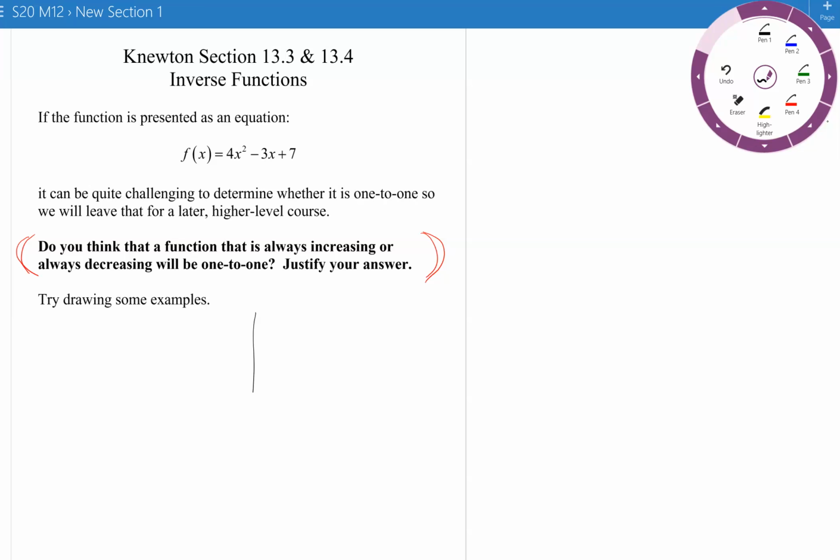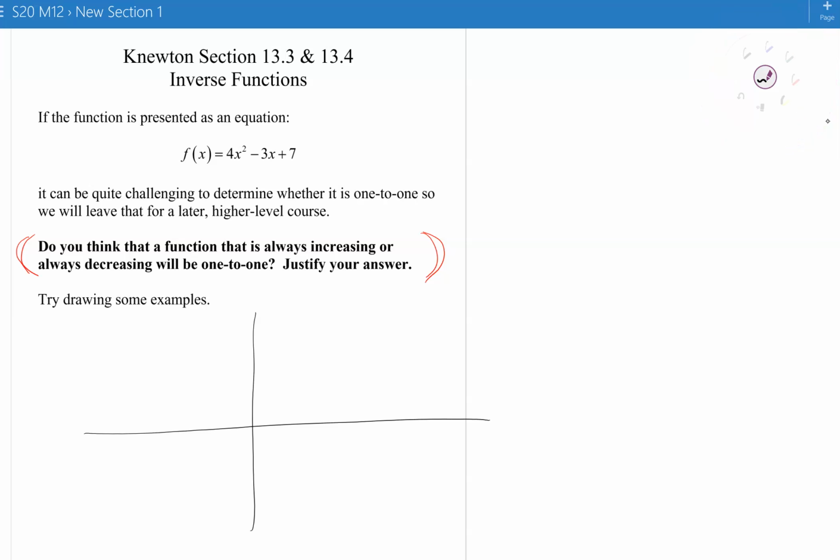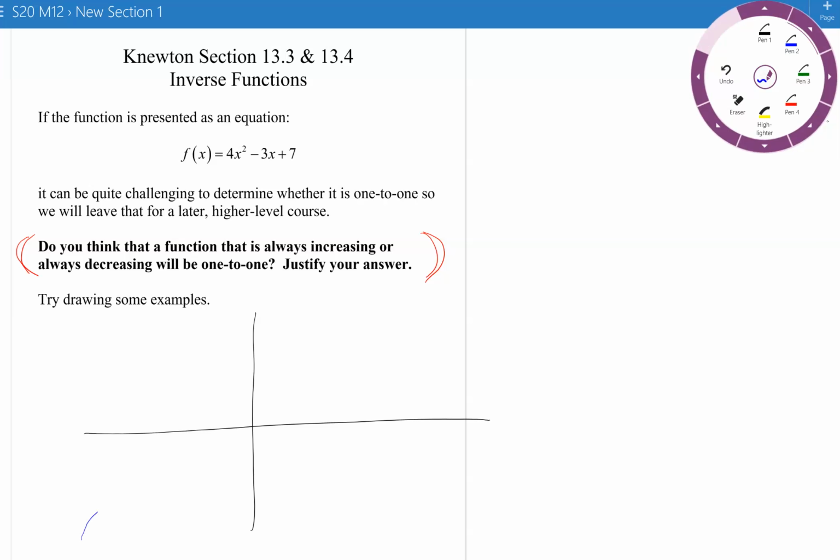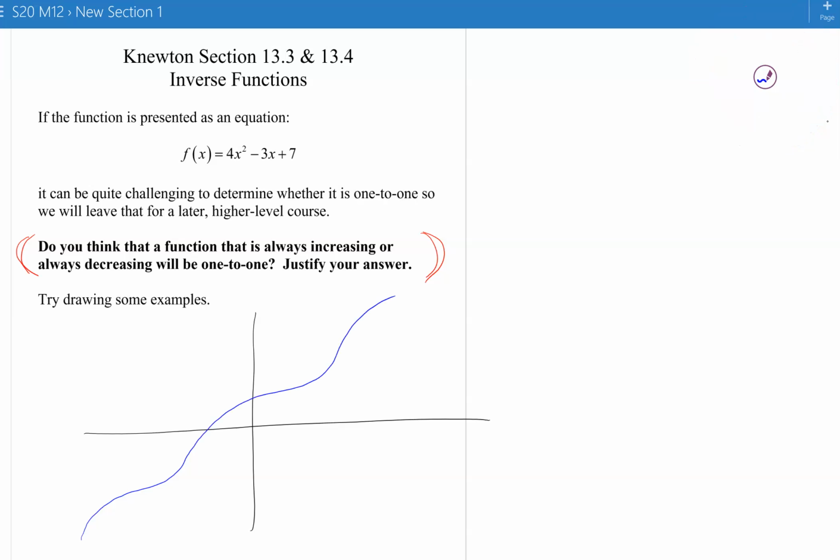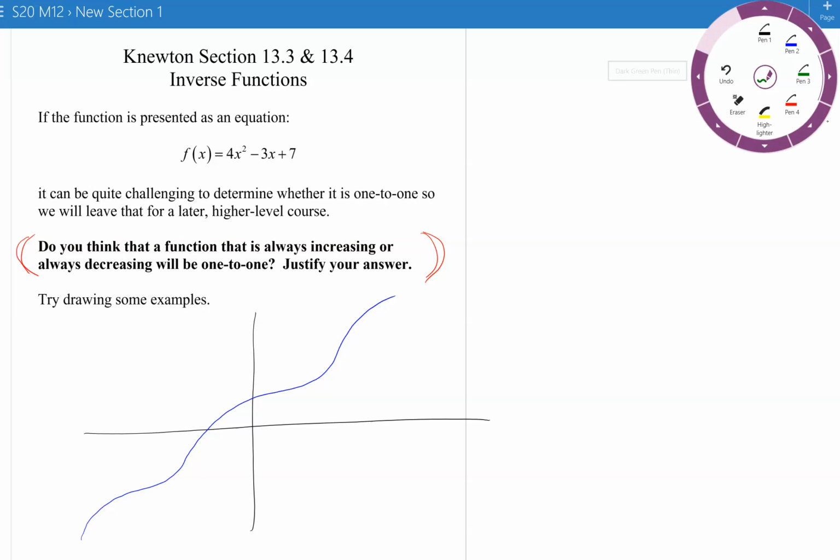So think about what a function would have to look like if it's always increasing. So this is a function. It passes the vertical line test. It's one-to-one. We can see visually if we imagine doing the horizontal line test. But it's always increasing.